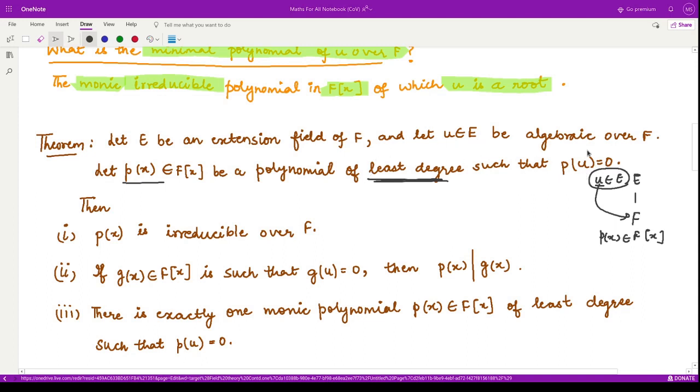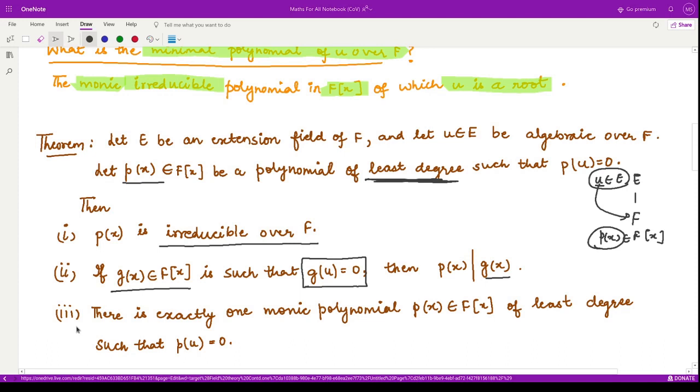That means we are saying u to be the algebraic element. So in this case, the results are: the corresponding non-constant polynomial which we have picked has to be an irreducible polynomial over F. The second thing is that if you find some other polynomial in that polynomial ring such that u also satisfies that polynomial, in that case the polynomial that we have selected previously of least degree would divide the other polynomial g(x).